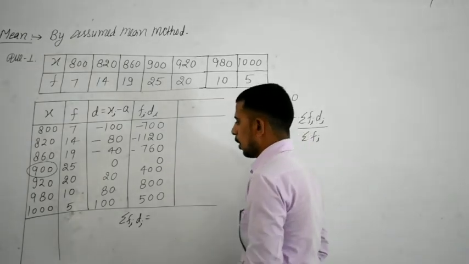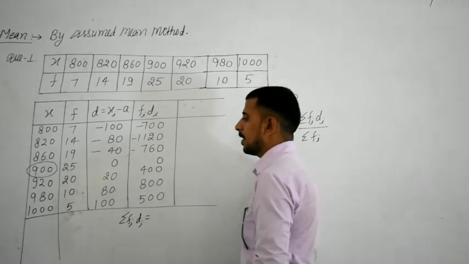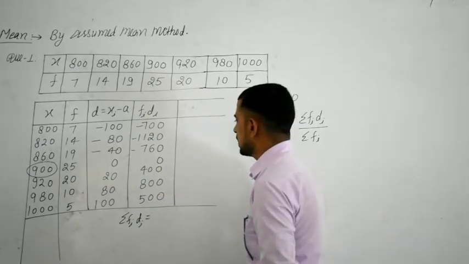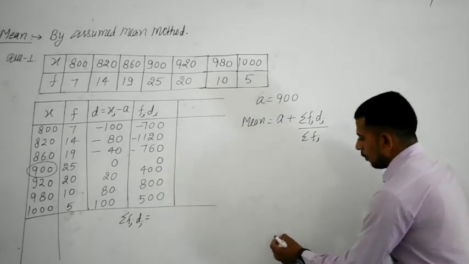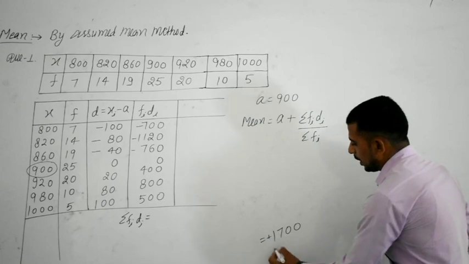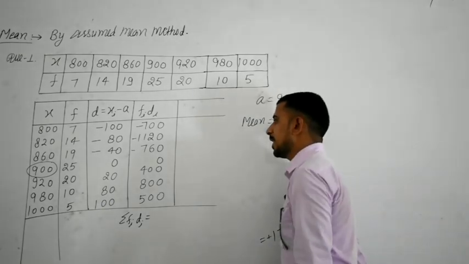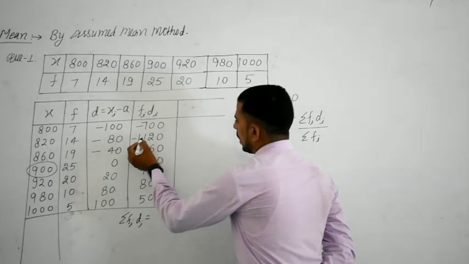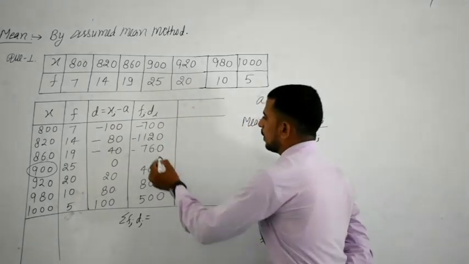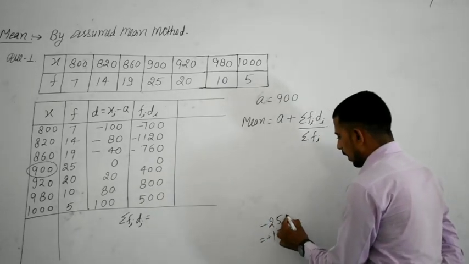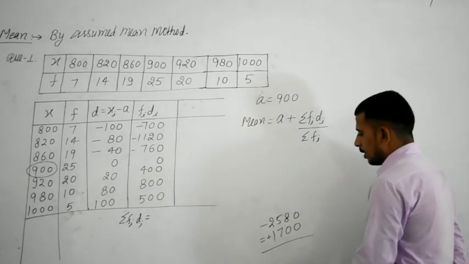Positive values: 800 plus 500 is 1300, plus 400 is 1700. The sum of negative values is 700, 112, 76, and so on, which comes to minus 2580.